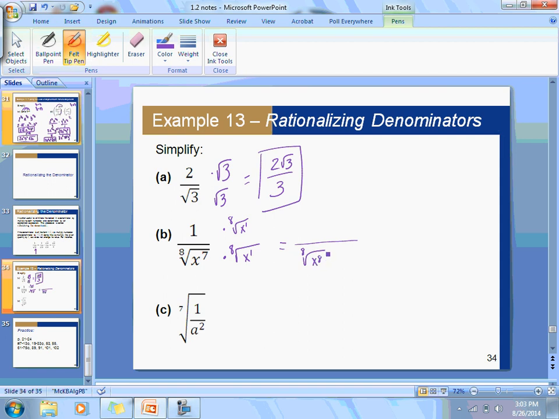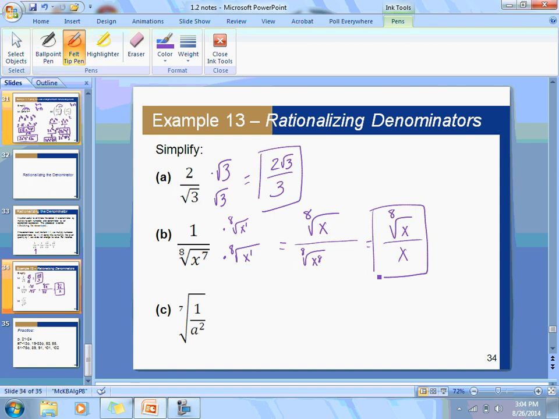And I can divide 8 by 8, and I get a whole x. Bye-bye radical. Now my denominator is legal. And in my numerator, I just get the 8th root of x. It's being multiplied by 1, so I can just leave it. The numerator is very welcoming. It doesn't mind radicals. It doesn't mind fractional exponents. Okay? So we can have radicals in the numerator, just not in the denominator.